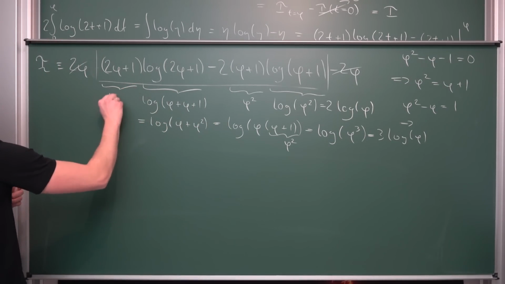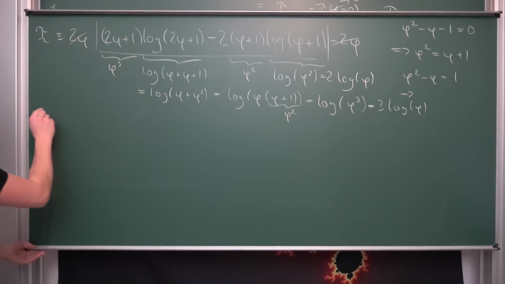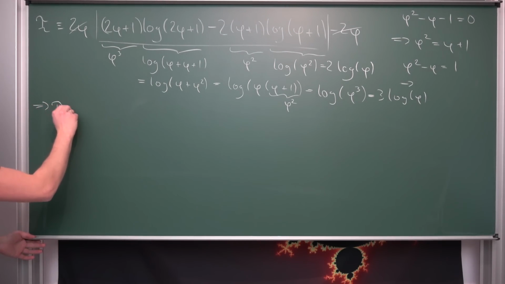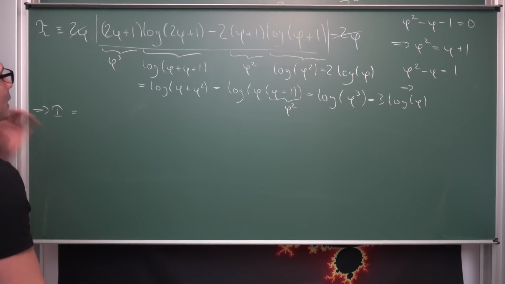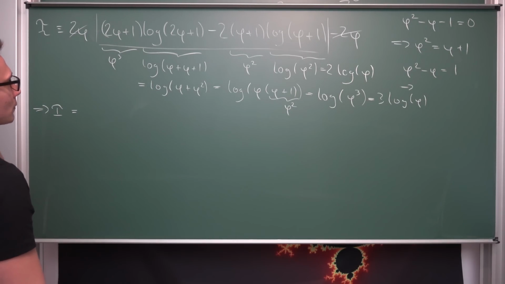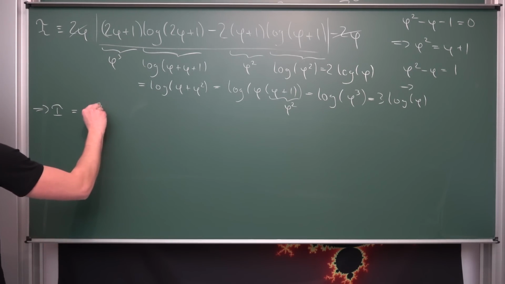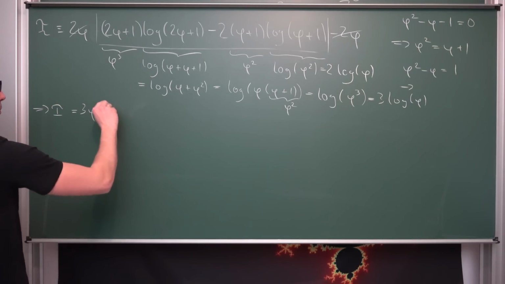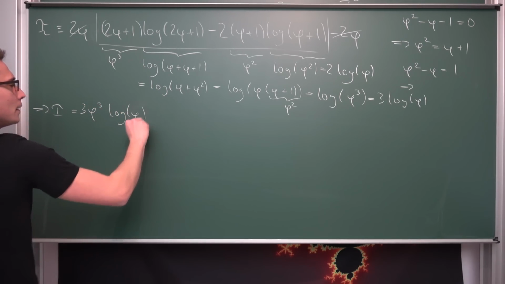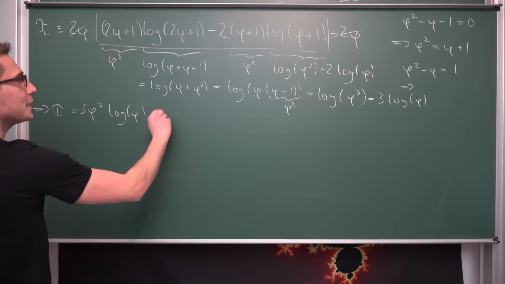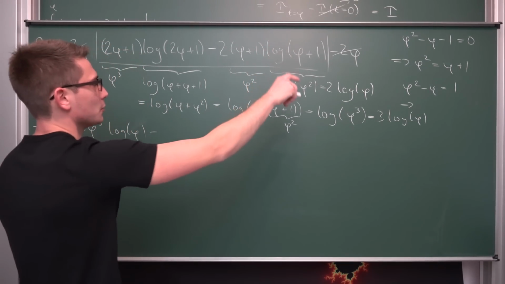So same spiel here. Okay, that's a huge mess that we're having here, but let's see if anything simplifies. So I is hence nothing but, okay, let me see. So we have 3 times φ to the third power times log of φ, minus 2, and what did we have? 2.